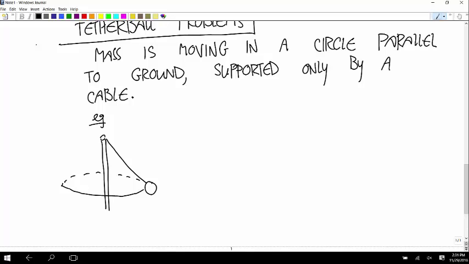But it can apply to any situation where you have something rotating in a horizontal circle connected only to a cable. So an example would be if you had a car that was connected to a chain being held in the beak of some kind of giant eagle.